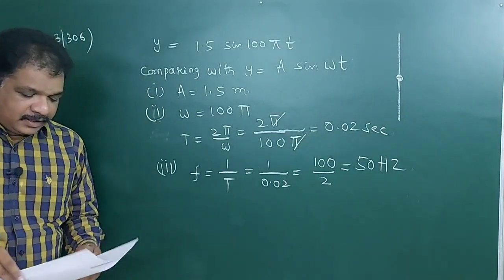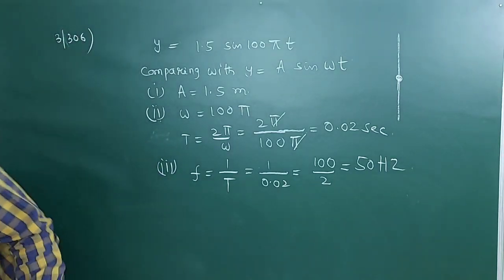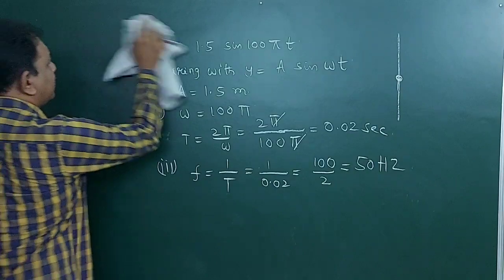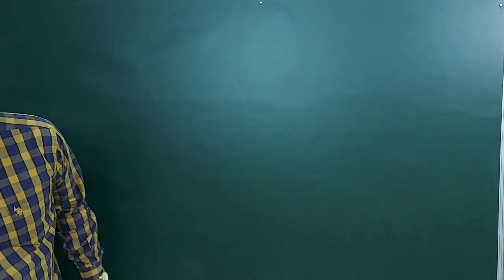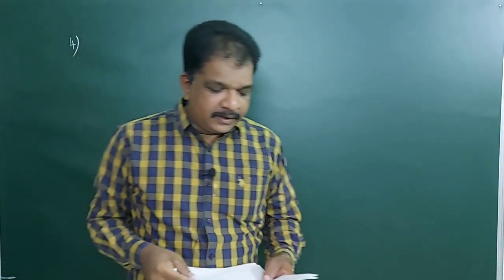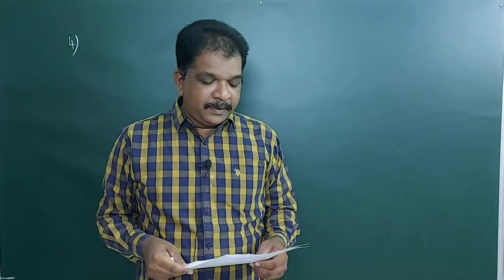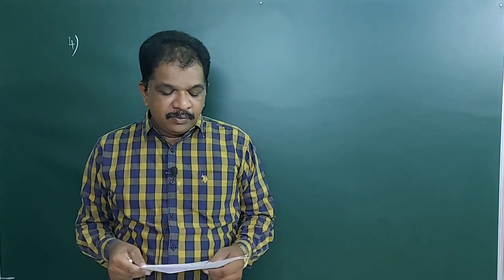Next, see the fourth problem. What they are asking: a mass capital M is suspended from a spring of negligible mass.